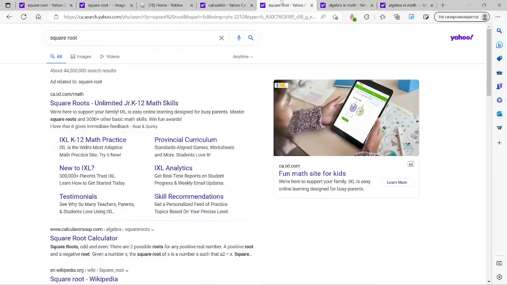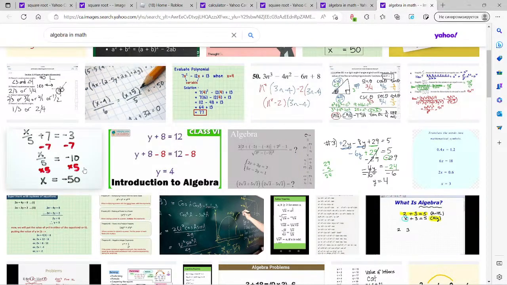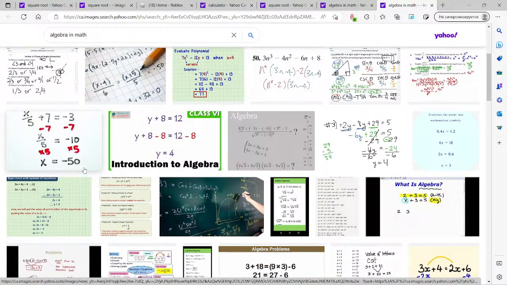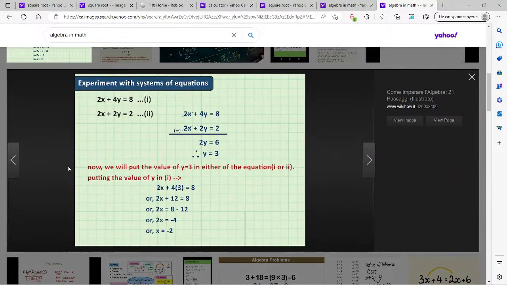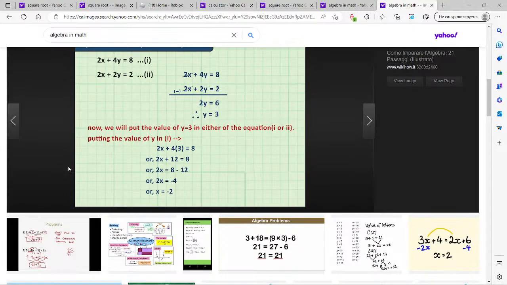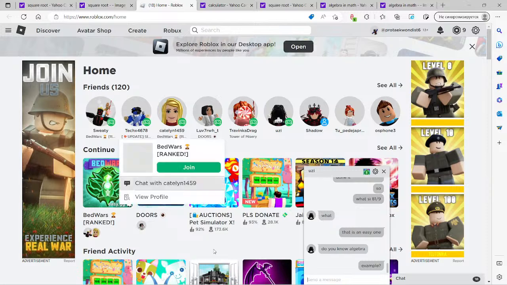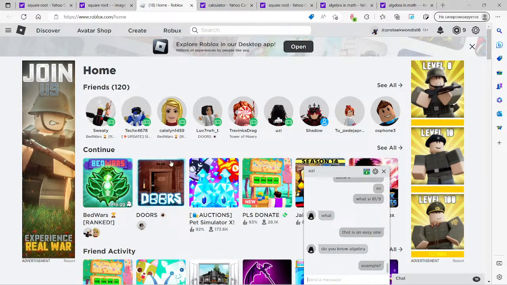Square, scalar, and algebra in math. I don't know, but maybe.